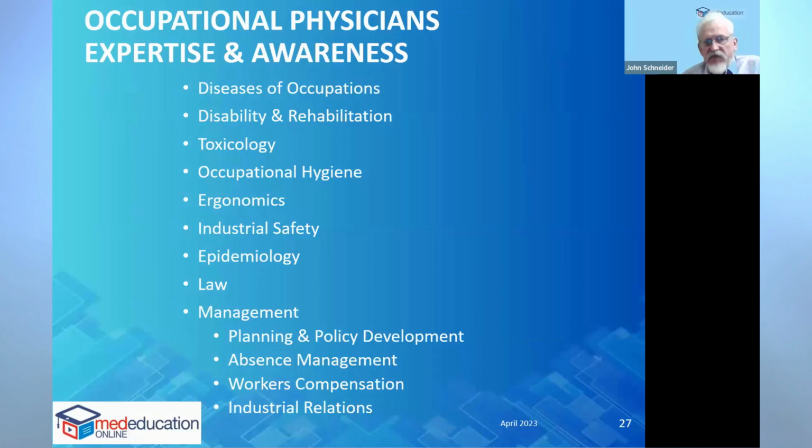You need to have some background in toxicology and particularly a bit of the chemistry of hazardous chemicals that may be found in particular workplaces. You need to have an understanding of occupational hygiene and the data that comes out of hygienists and interpreting that appropriately, ergonomics, industrial safety issues and how health and safety is managed on a work site.